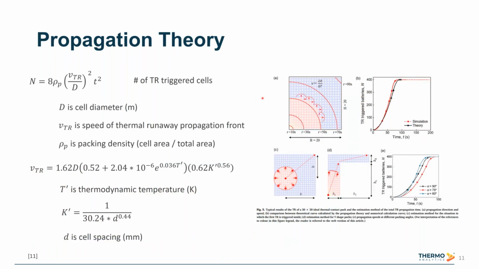So in this demo, the propagation information that we're using derives from the literature. So from an experimental study of 18650 cells arranged into modules. And here the authors were studying the thermal runaway propagation rate as a function of some various parameters like cell spacing and thermal resistance. So interestingly, they found that the velocity of propagation front was relatively constant.